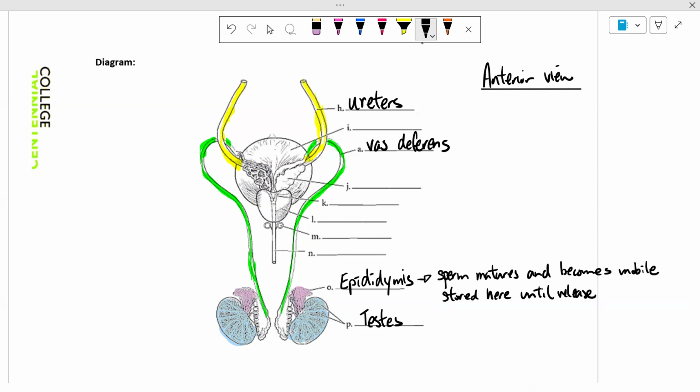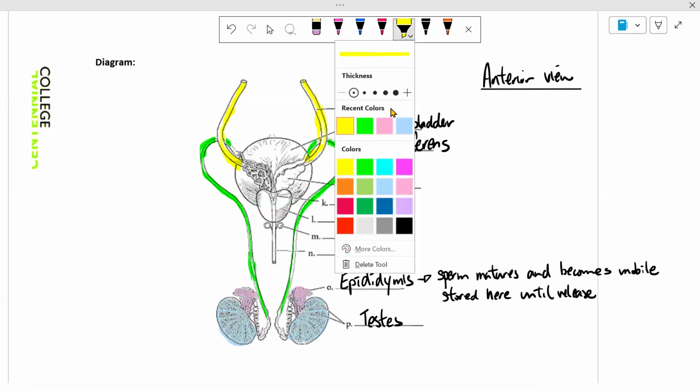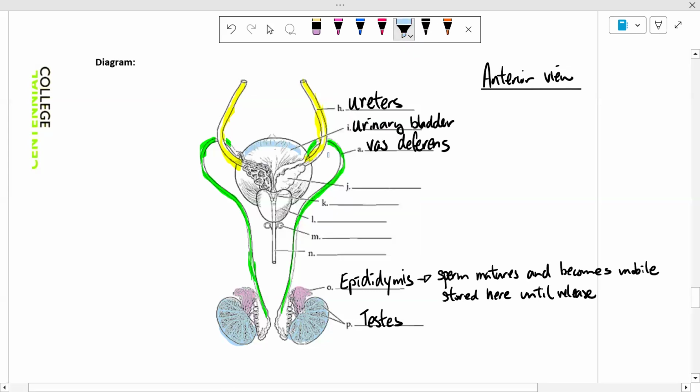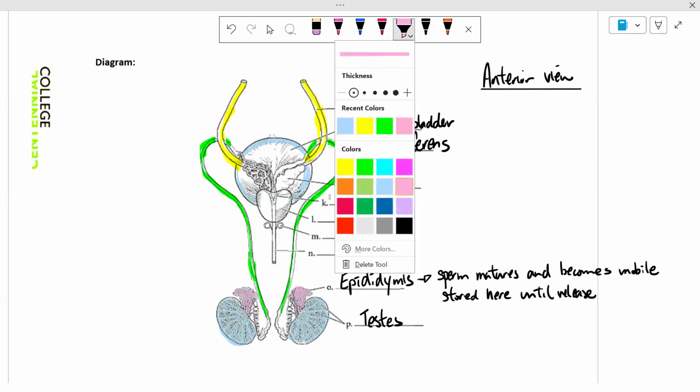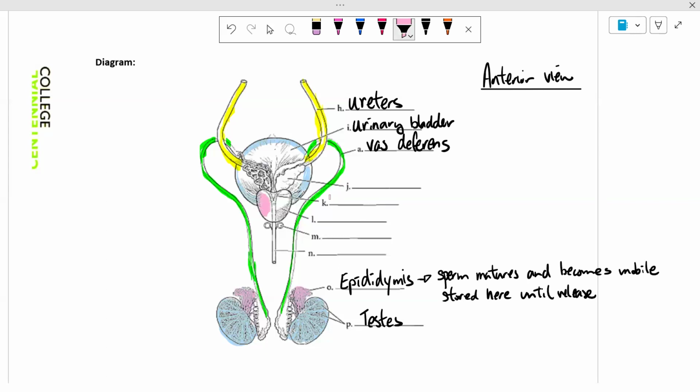This circle thing right here, that is the urinary bladder. Right there. Okay. What about this little ball thing underneath the urinary bladder? Prostate gland. That is the prostate gland. Very good.